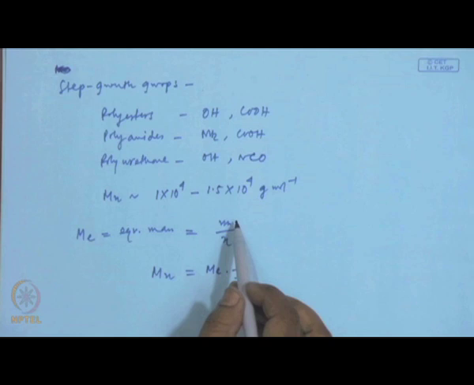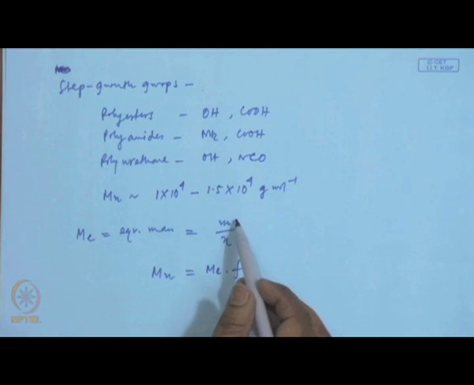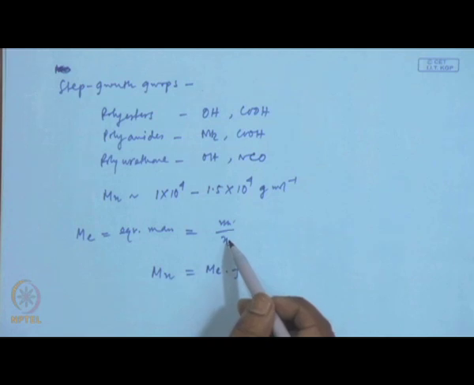So, if we know the concentration of the polymer and we determine the concentration of end groups, and if we know F, the number of end groups per polymer chain, then we can easily get the number average molecular weight.